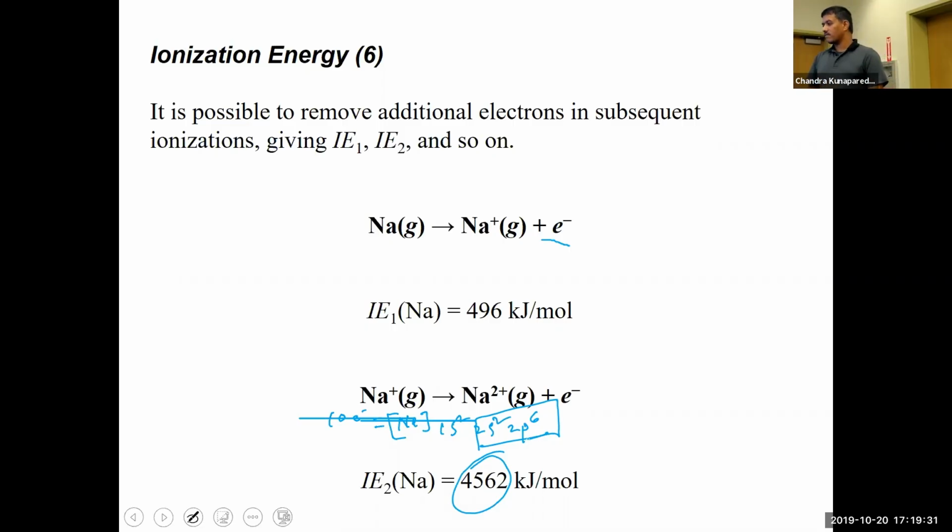Sodium put up a big fight, so we need to apply 4,562 kilojoules per mole instead of just 496 kilojoules per mole for the first ionization energy, which means removing the first electron. So in general, you need to apply more energy as you remove more electrons from an element.